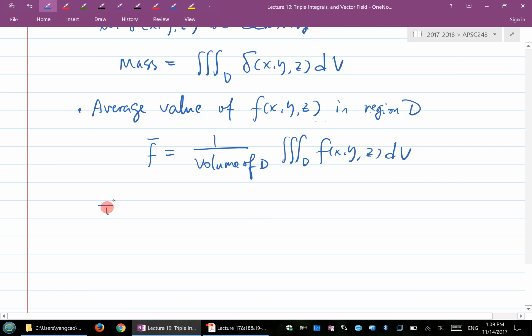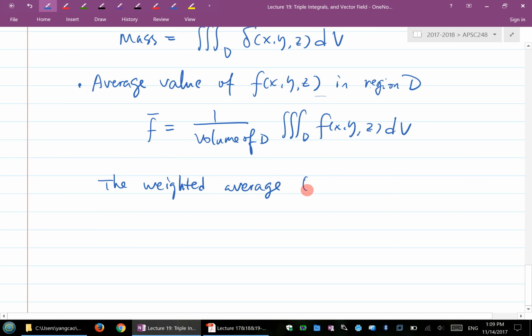There's another average concept called the weighted average. We can weight the average using the density function. You can use basically any function to weight, of course.